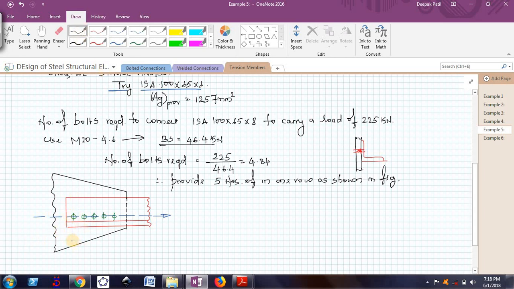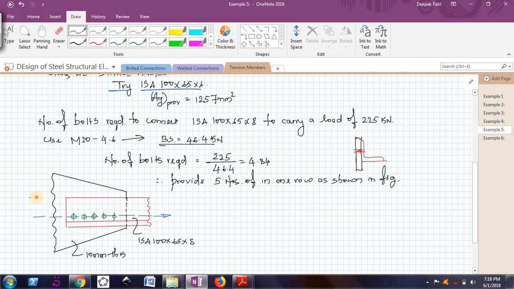Okay, so this is the gusset plate. Let me assume that it is something around 10 mm thick. Okay, so this is an angle ISA 100 by 65 by 8. Now actually how should I connect that for an unequal angle?